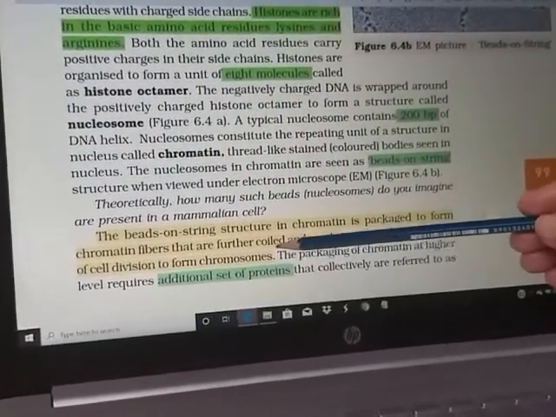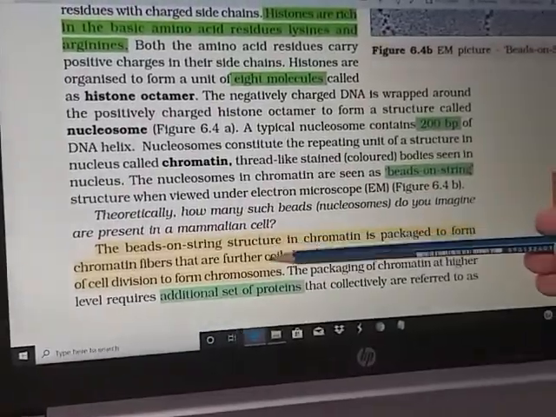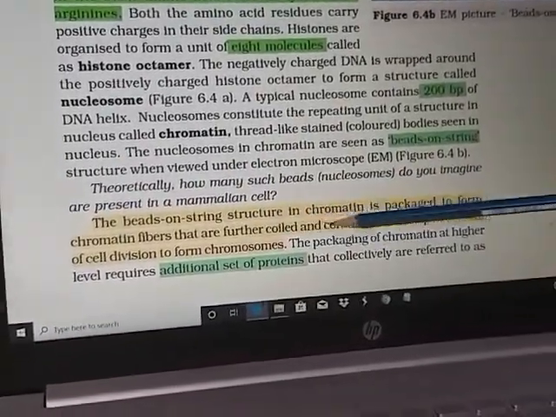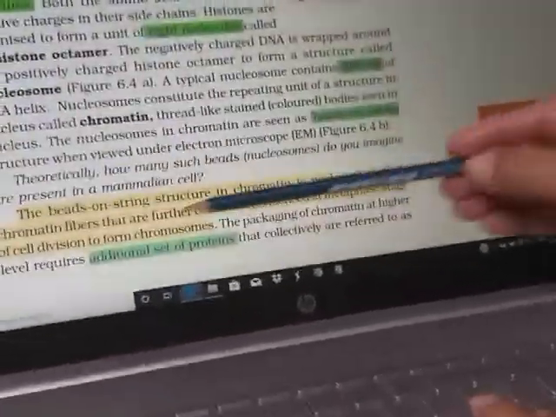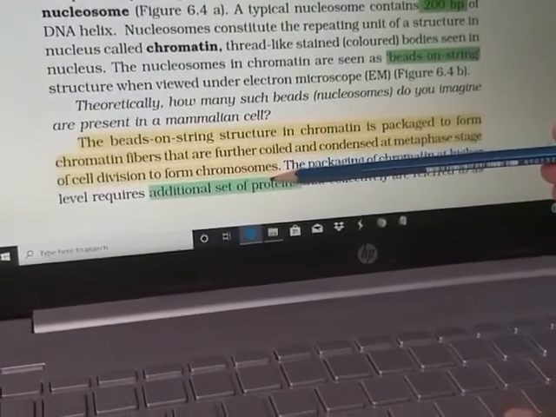It is very important how the chromosome is formed. It is formed from that DNA only.